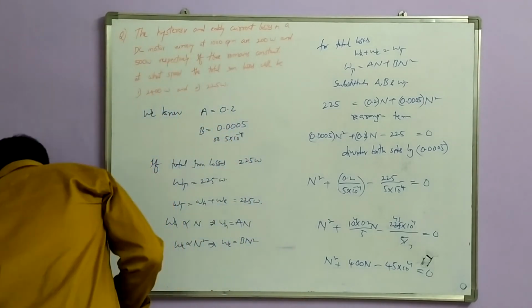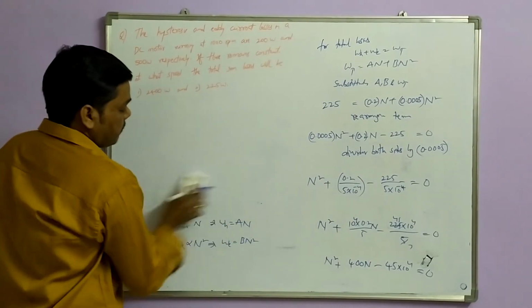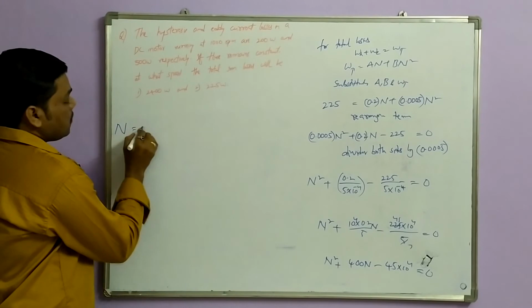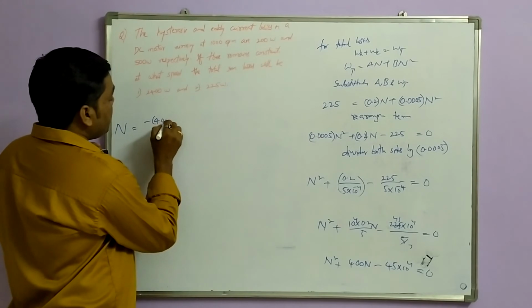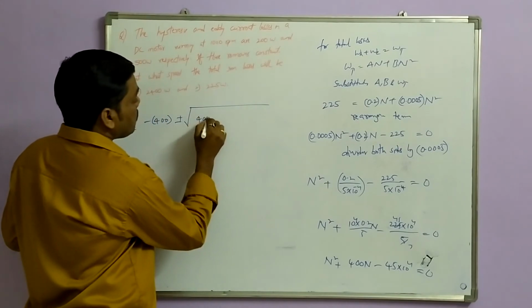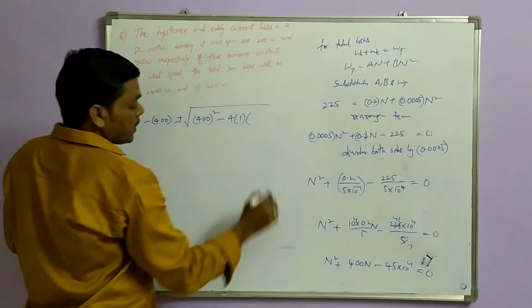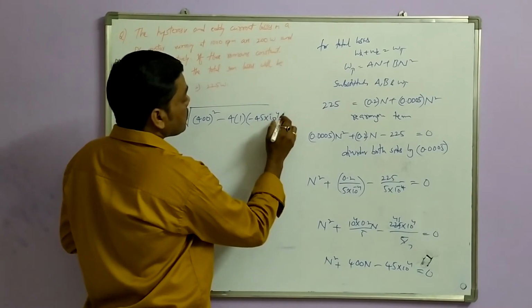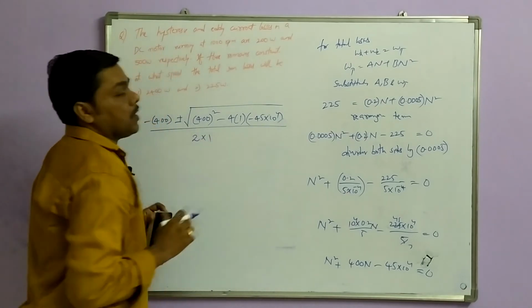Now what is the formula for the quadratic equation? Here n is equal to minus b plus or minus root of b square minus 4ac, divided by 2a. So what is b square? 400 square minus 4 into a equal to 1, and c is a negative term, minus 45 into 10 power 4, divided by 2 into 1.